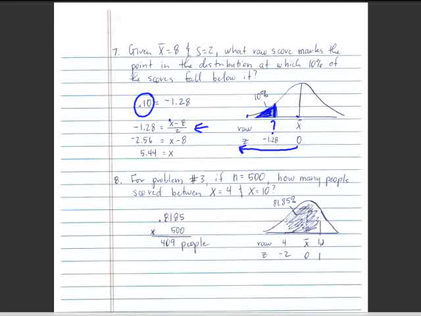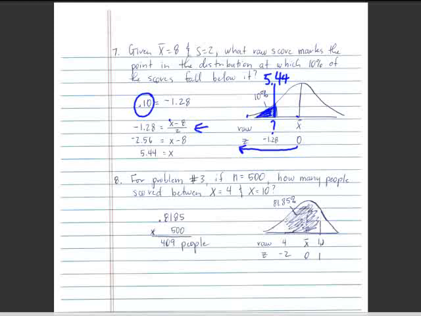Multiply, take that 2 across, so minus 2.56 is equal to x minus 8. Add 8 to the left-hand side, and so what I find is that the raw score that marks this point in the distribution is 5.44, raw score 5.44.